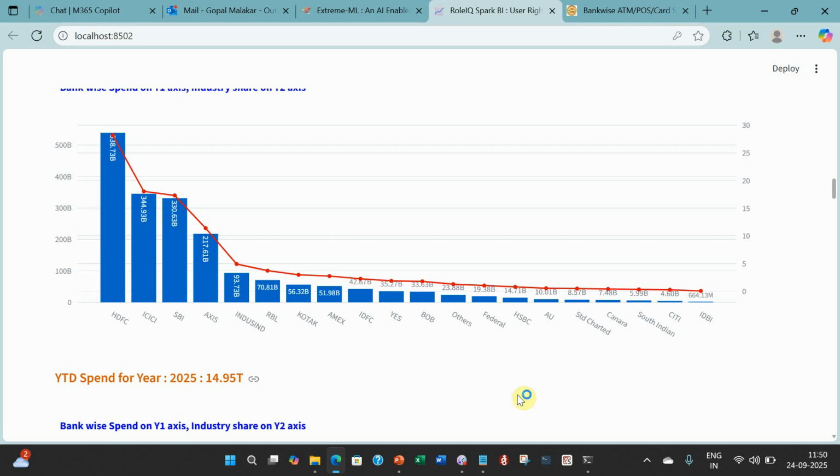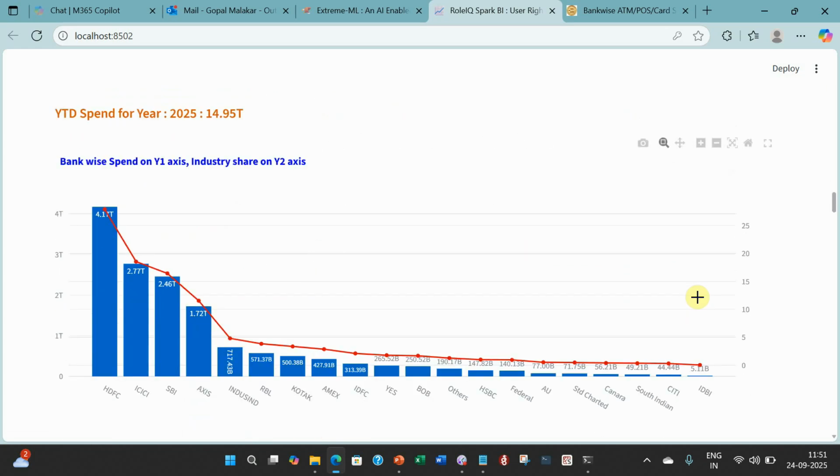As I told you, others is a very small portfolio, contributing approximately 1.25%. This red line gives you the percentage: HDFC is contributing 28% of the total spend of the industry, followed by ICICI at 18%, and then SBI at 17.3%.